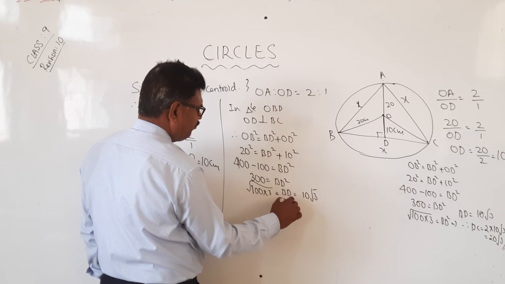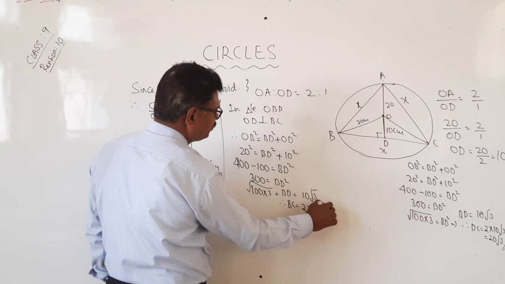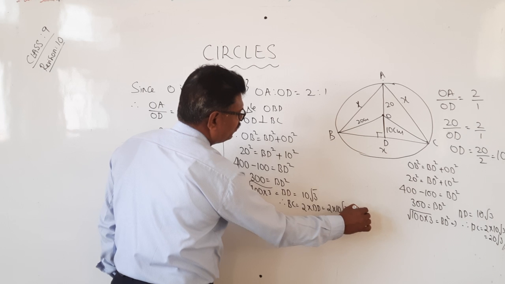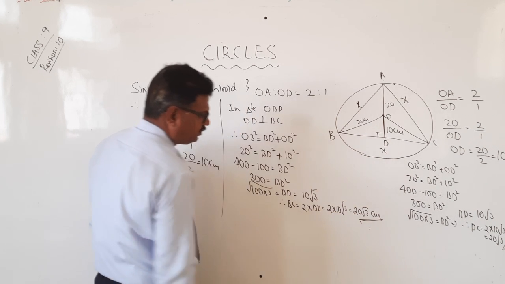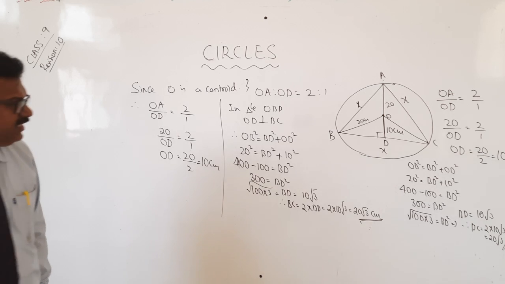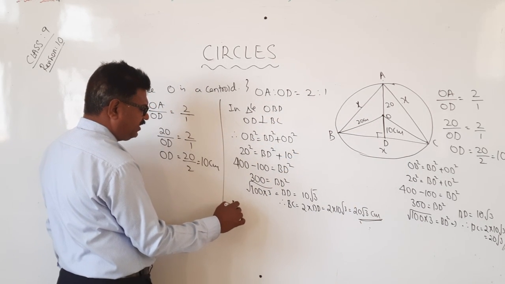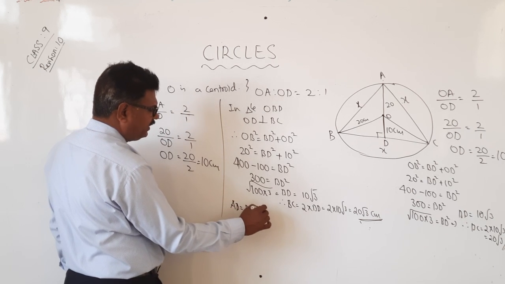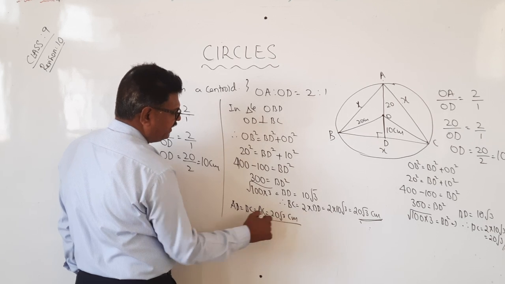Therefore, BC is equals to 2 times BD, which is 2 into 10 root 3, equal to 20 root 3 centimeters. Okay? So like this, because it is an equilateral triangle, we can write AB equal to BC equal to AC equal to 20 root 3 centimeters.